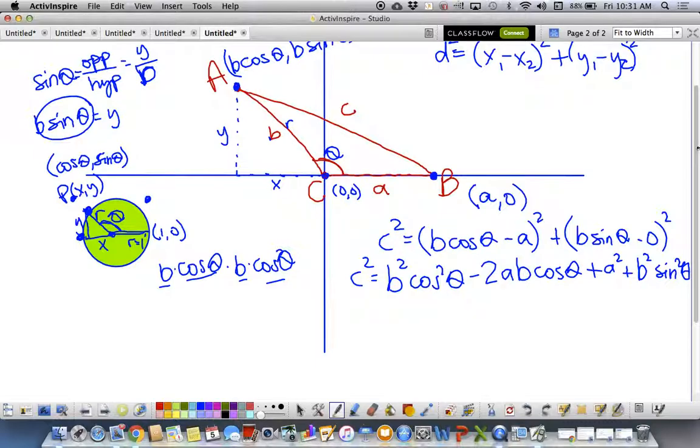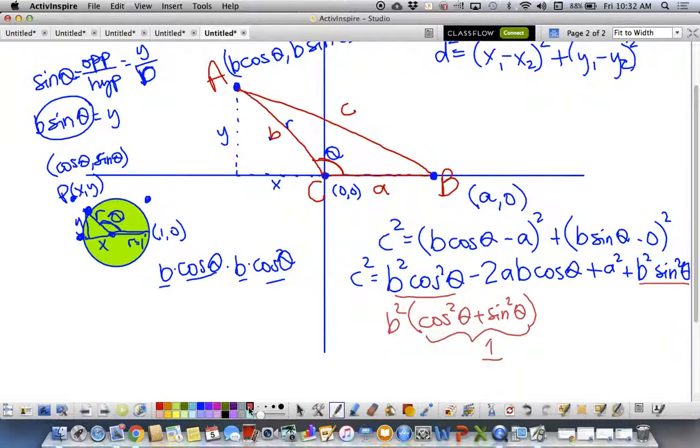So, can I ask a crazy question? When you have two things that share a common factor, can we put them together and factor that out? Can I say B squared times cosine squared plus sine squared? And cosine squared theta plus sine squared theta equals 1, so this is simply just the number 1.